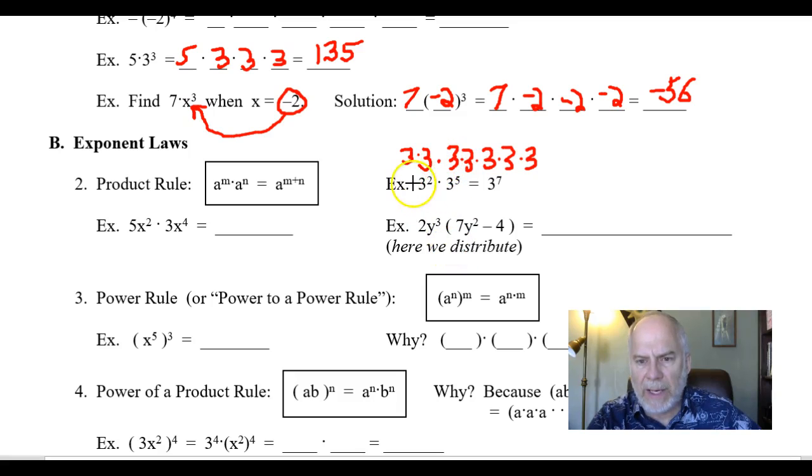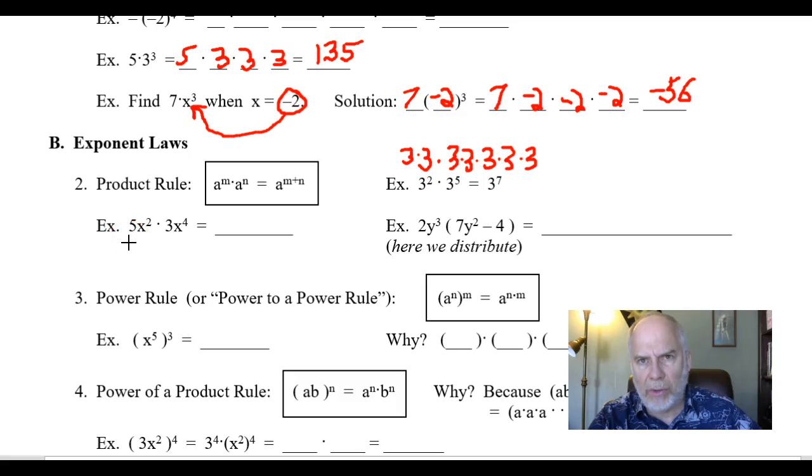So you multiply them together, and so basically you have a total of 7 3's. So that explains why it would be just 3 to the 7th power. All right. So when you multiply two things with the same base, you're going to add your exponents to combine it into one exponential expression. Now here, this has some numbers out in front in addition to the x's.